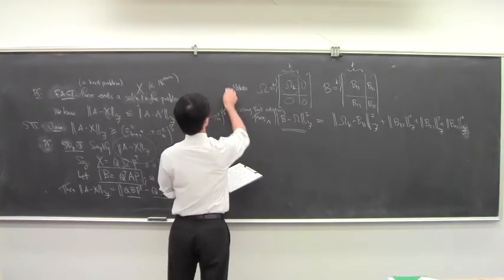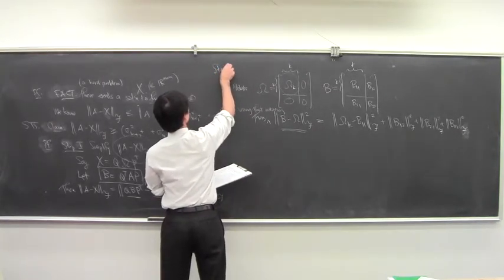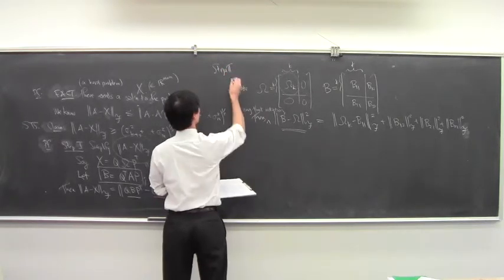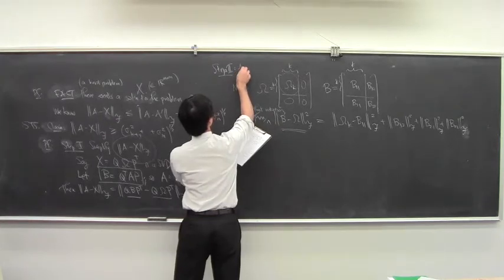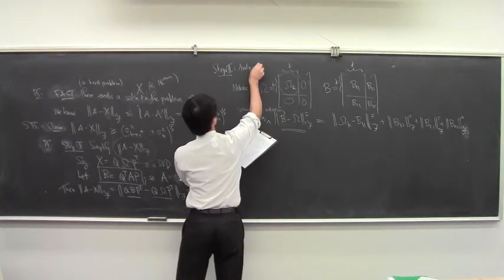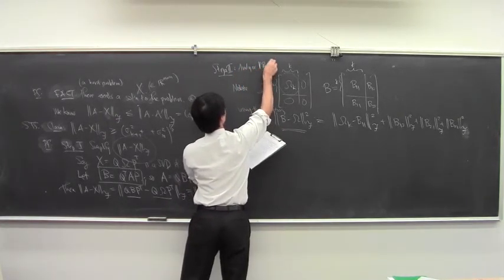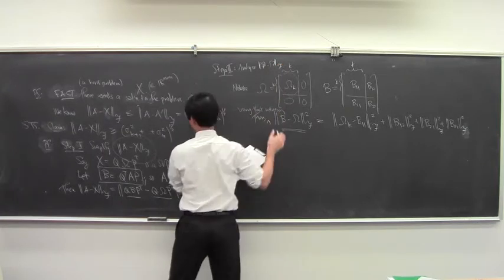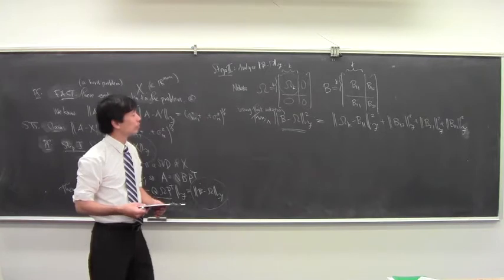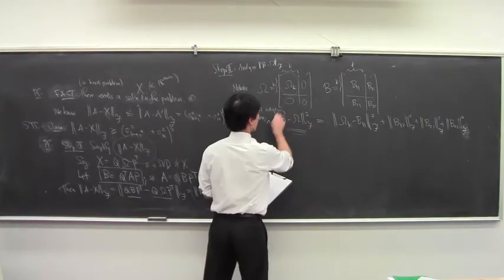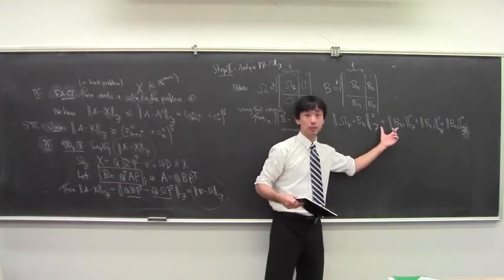So I think this is step 2. Analyze the Frobenius norm. Analyze that thing that we've just reduced to. Okay, so we're looking at this thing, and we've broken it up into pieces here.